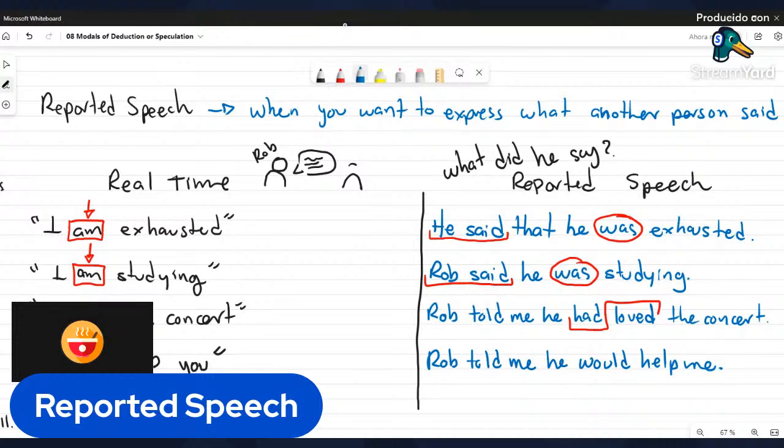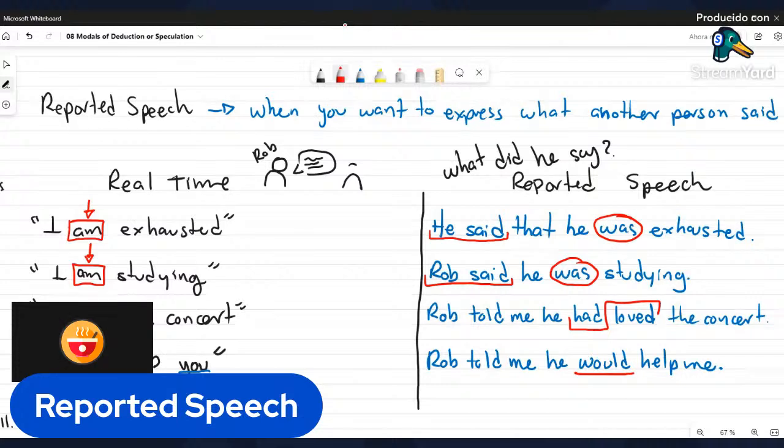He was talking to me yesterday, and he told me that he would help me in that moment. Yeah. So as you can see here, I'm changing will to would in reported speech when the person is using will. Yes, will changes to would in reported speech. That's what happens.